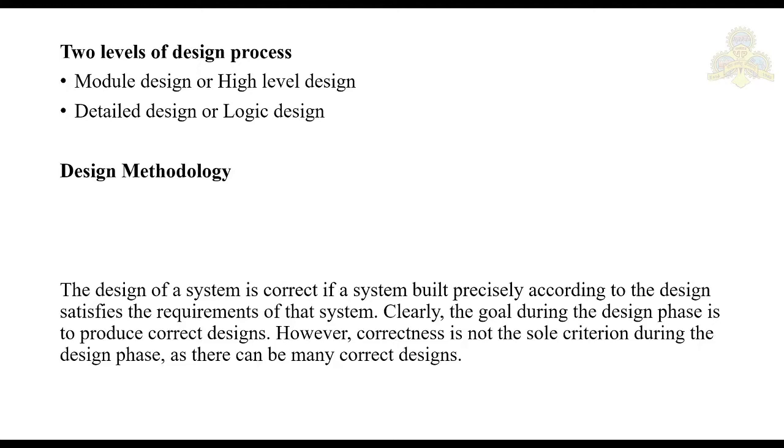Now, the two levels of the design process are high level design or module design, and the second one is detailed design or logic design. So what is module design? At the first level, the focus is on deciding which modules are needed in the system.